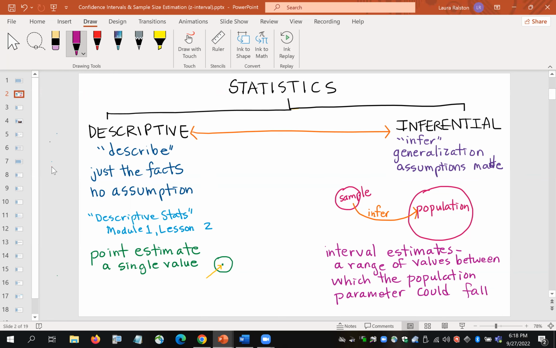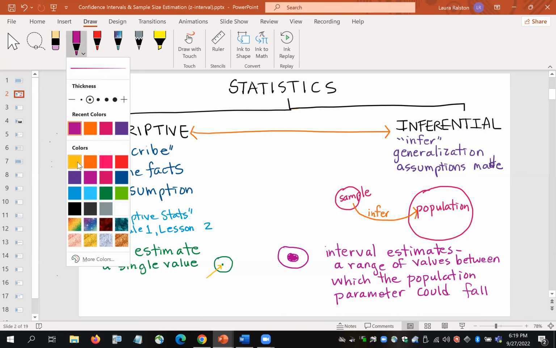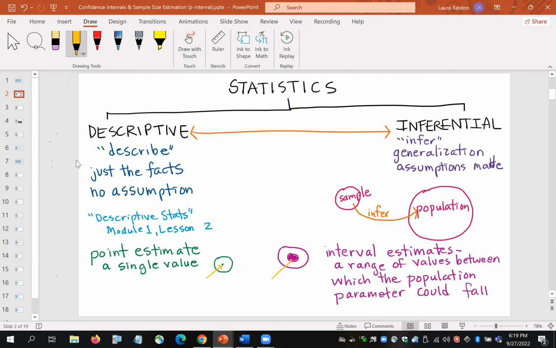In terms of a visual, with an interval estimate, it's like you have a bigger target to aim for. Instead of one little speck, you have a bigger area at which to aim when you are estimating the population parameter.